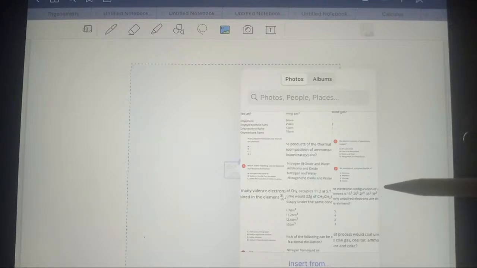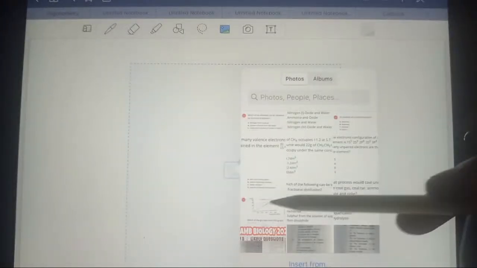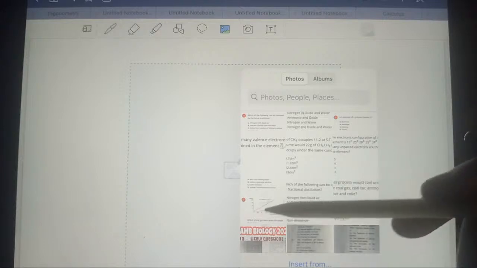I'll go back to the original question. I'll have to divide the screen into 2. We say that 19 is C. Okay, when we get there, we'll see how it is. How can I see this?